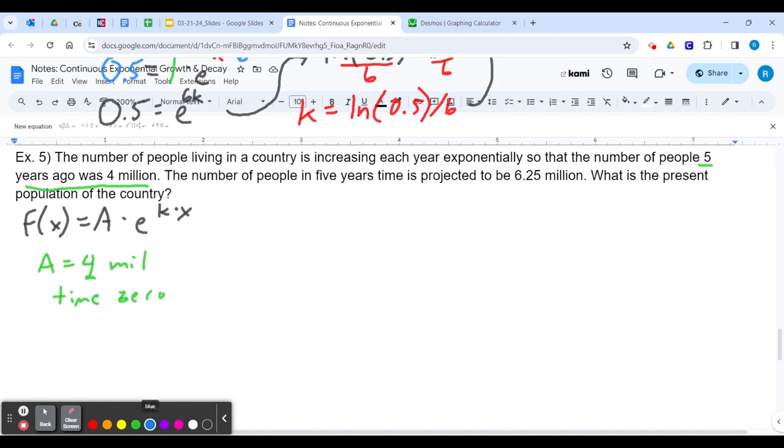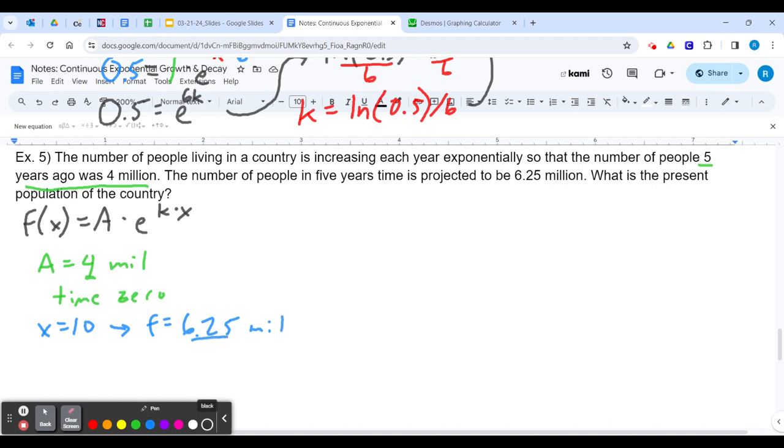All right, so then if we think about 5 years ahead of now, that is going to be when x equals 10, right? Because 5 years ago was our initial time, so 5 years ahead is going to be when x equals 10. We get a population of 6.25 million. So let me highlight that there.